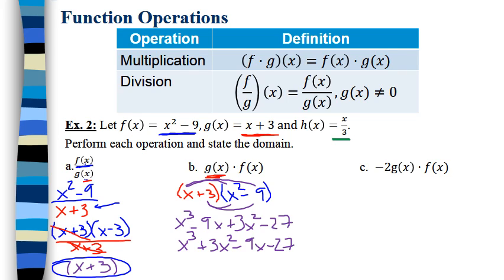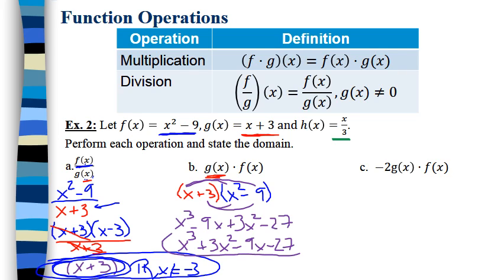So the domain here, we would first think that it would be all real numbers, but actually it's going to be everything except, so all real numbers where x is not equal to negative 3. Okay, so all real numbers but not negative 3, because negative 3 would make g of x 0, and then that wouldn't work.